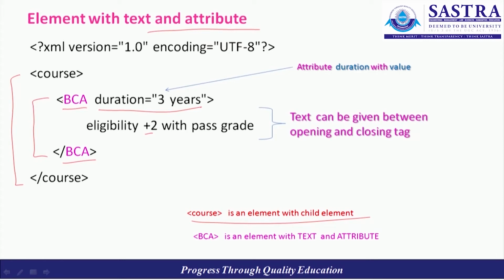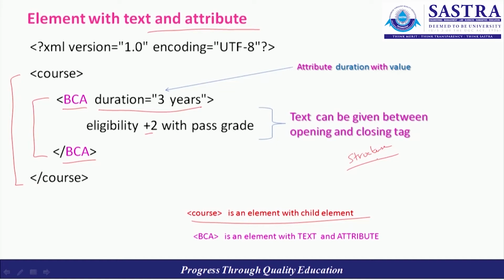The structure means how many child elements it is going to have, any text it is going to have, how many attributes. Sometimes the same child element can be repeated more than once. That is called the number of occurrences. We have to specify everything, which is called the structure of an XML document.